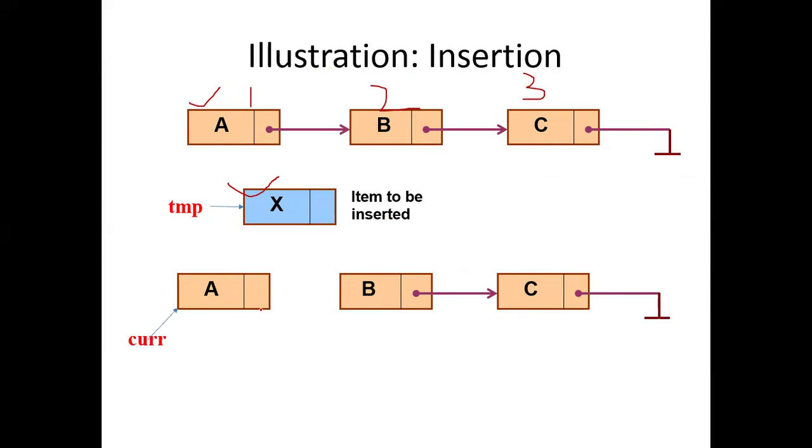Now I want to add X in between 1 and 2, that is, I am going to add the value X at the second position. So I have to cut the link from A to B, and from A the connection should go to X, and from X the connection goes to B. In this way I add a new item in the list.